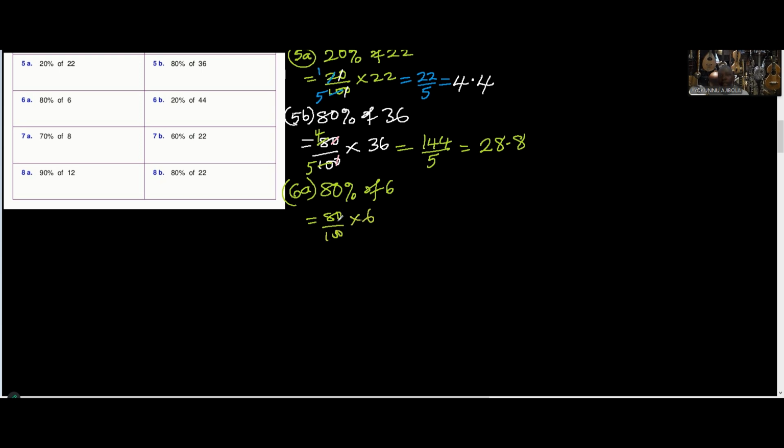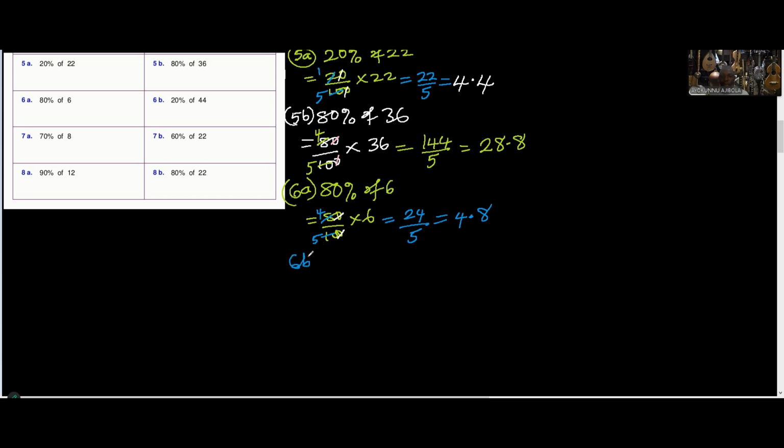Now we can say 0 cancel 0. Then you can still divide by 2. This here gives me 4. This here gives me 5. Then we have 4 times 6, which is 24, divided by 5. 5 in 24 is 4. Then remainder 4. 5 in 40, that's 8.